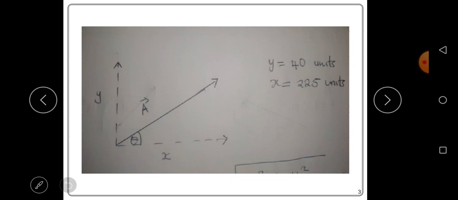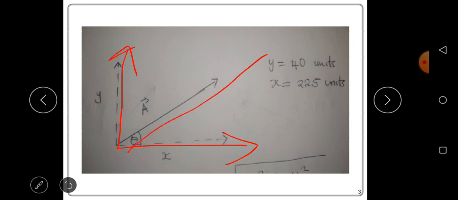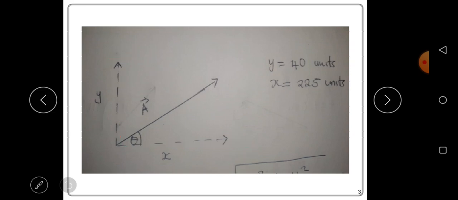So when we draw the x component and the y component like that, this vector is in the first quadrant. We've determined that this vector is in the first quadrant, so let's now find the magnitude of this vector and also the direction or the angle.